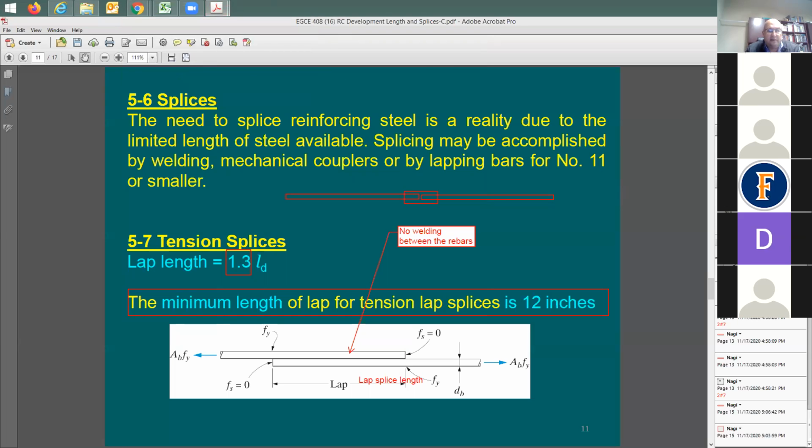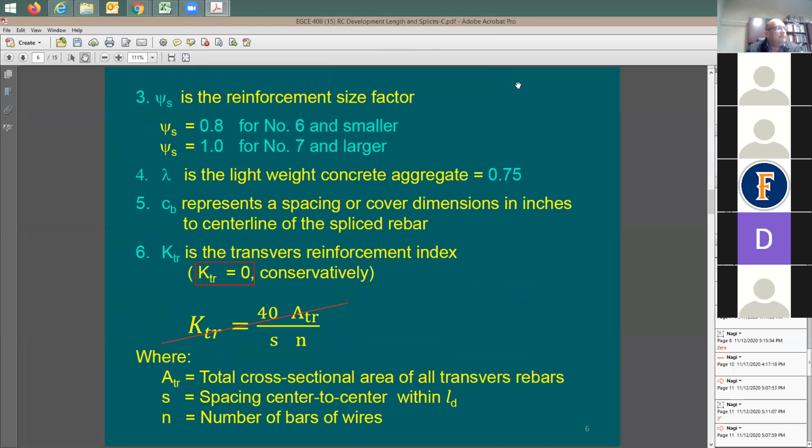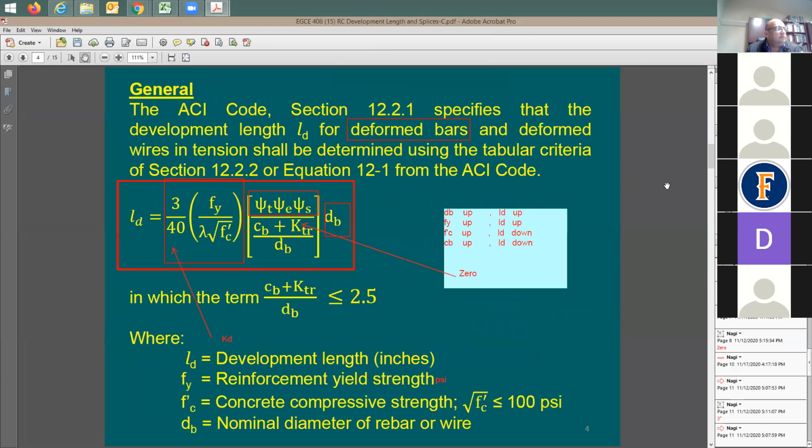Yeah, number 15. Yes, absolutely. If you go to the main equation that we learned there, that one. I'm not sure how to pronounce that Greek. Psi. Yeah. Psi. Okay. So for psi sub e, are we taking that our rebars are coated or are they not? For which one? For ours?